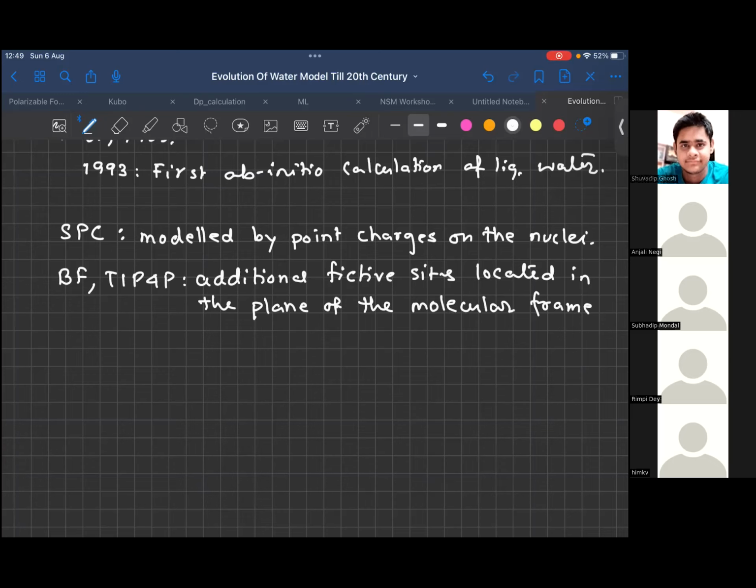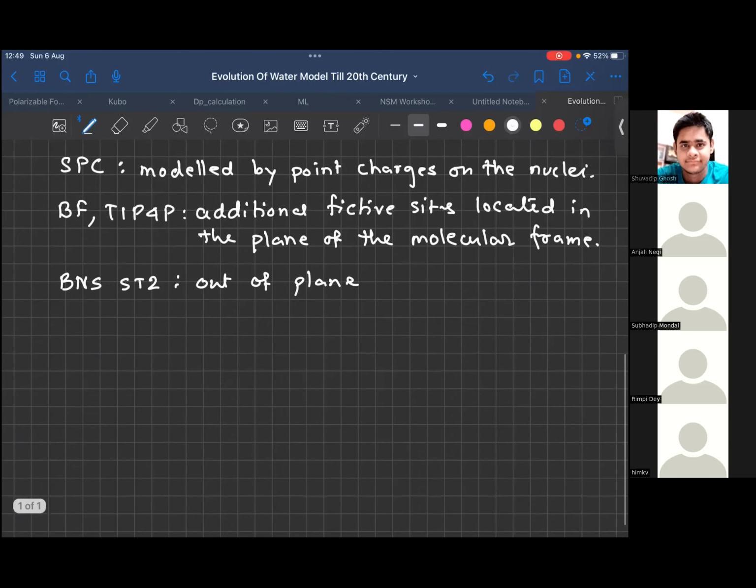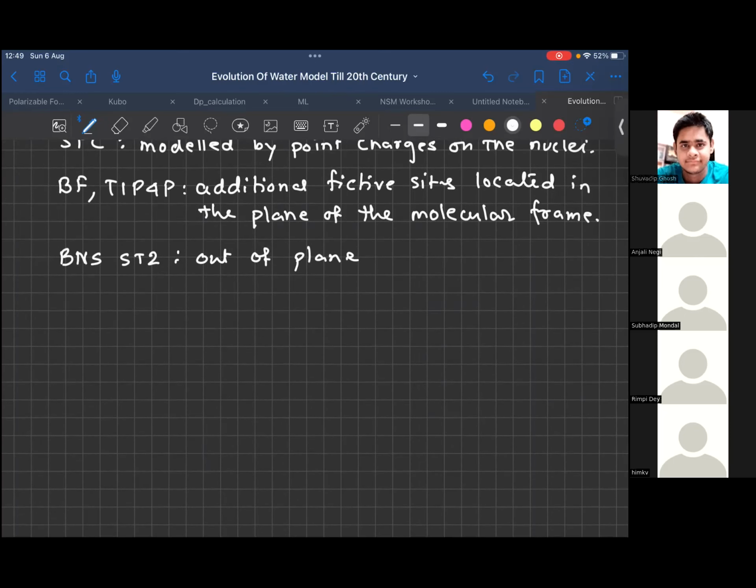They add lone pairs, like some famous models, the BNS model and the ST2 model. In these models, they add fictive sites which are out of the molecular plane. Some of them have tried the exact tetrahedral geometry.